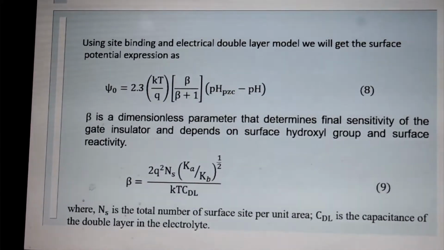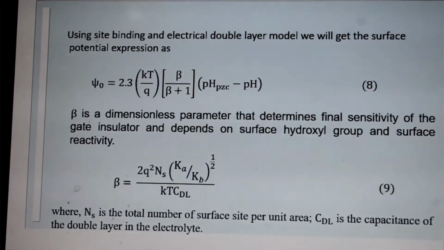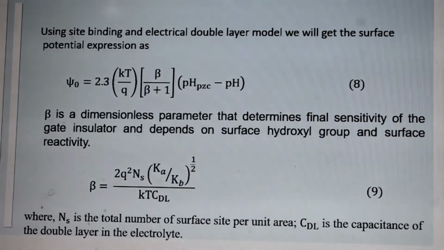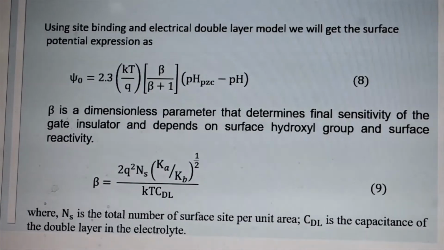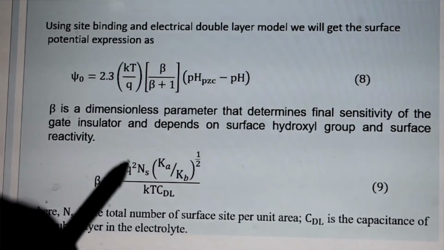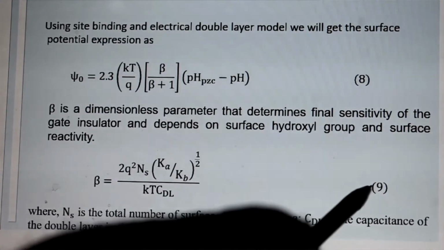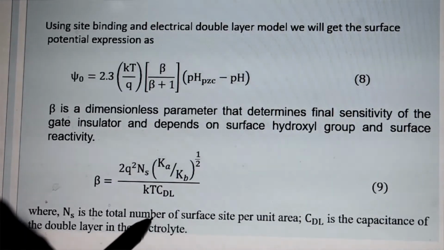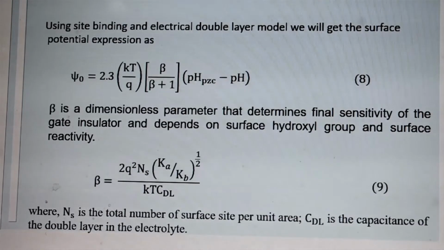Here beta is a dimensionless parameter that determines the final sensitivity of the gate insulator and depends on the surface hydroxyl group and surface reactivity. Beta is generally given by this expression, equation 9, where Ns is the total number of surface sites per unit area.